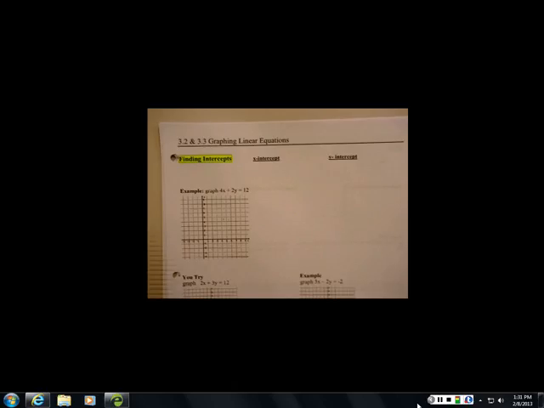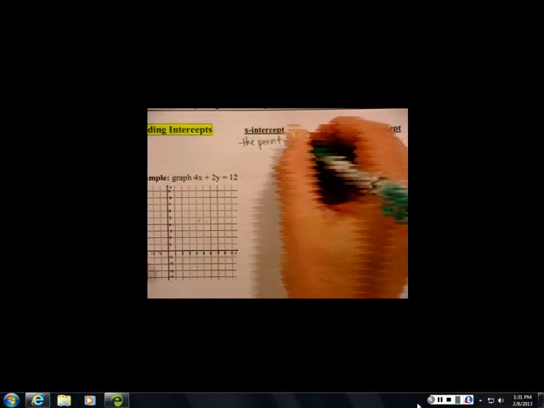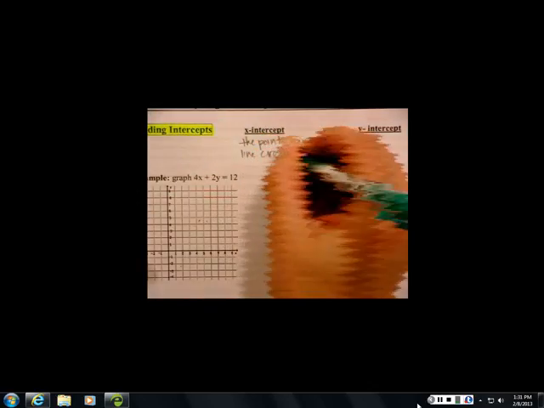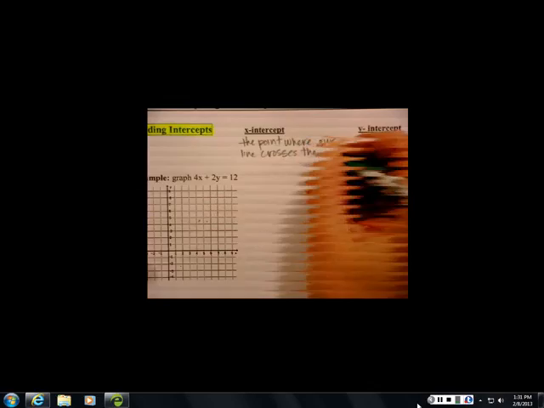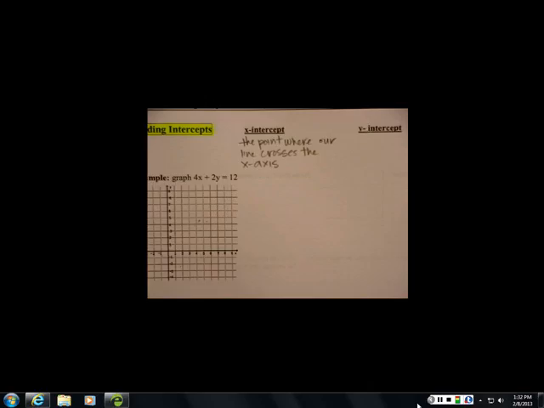The x-intercept is going to be the point where our line crosses the x-axis. Our y-intercept is going to be the point where our line crosses the y-axis.